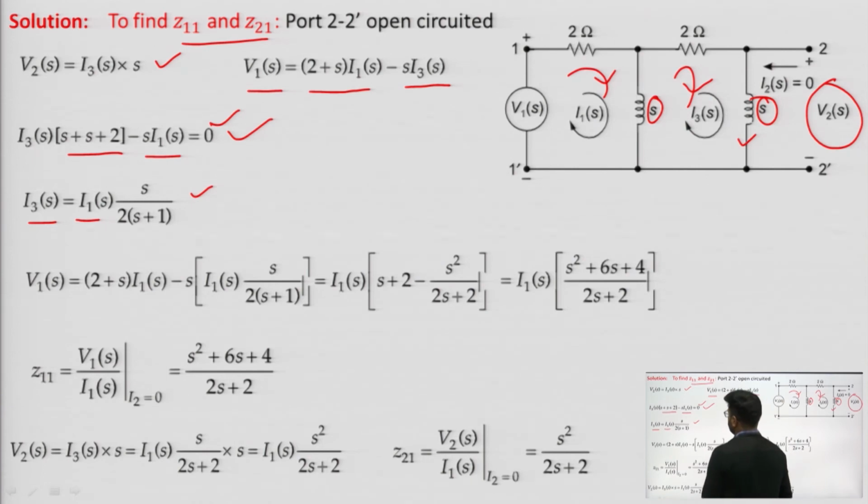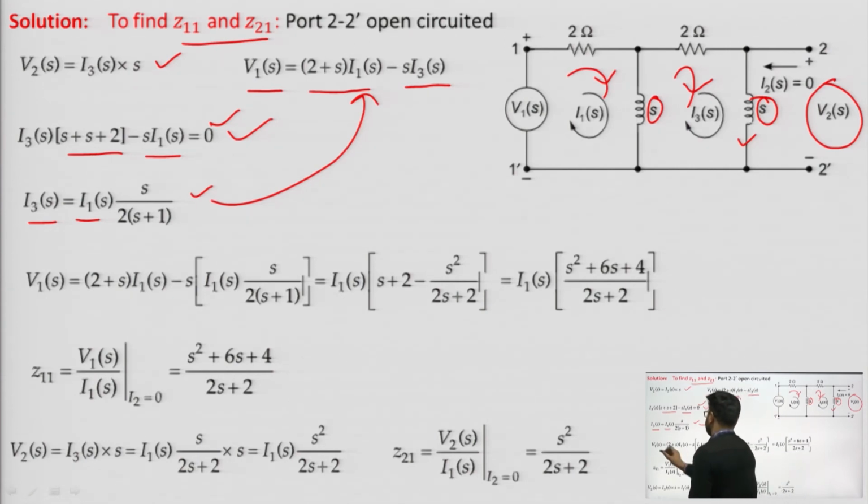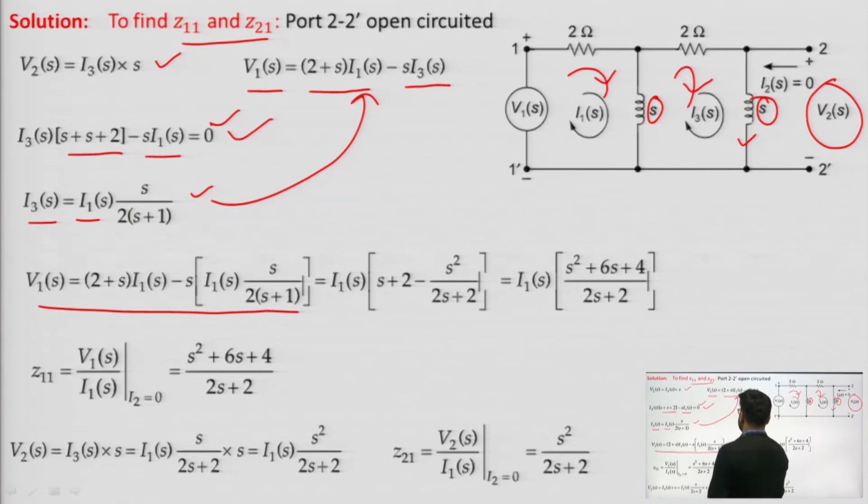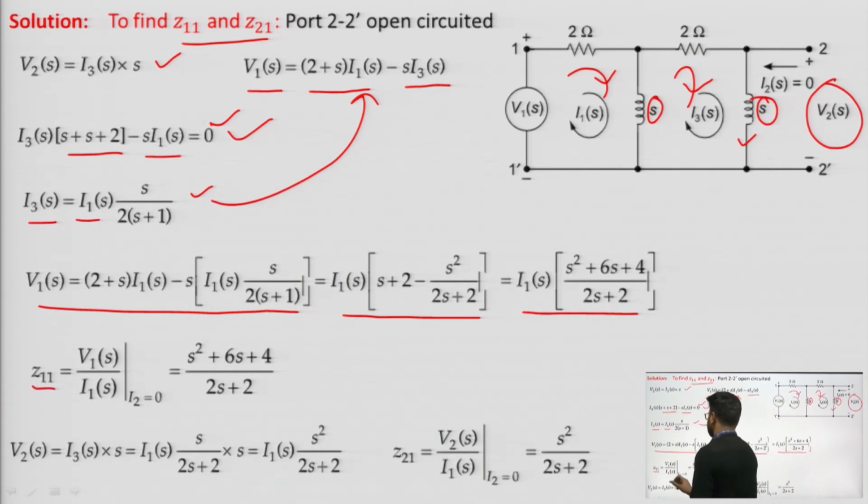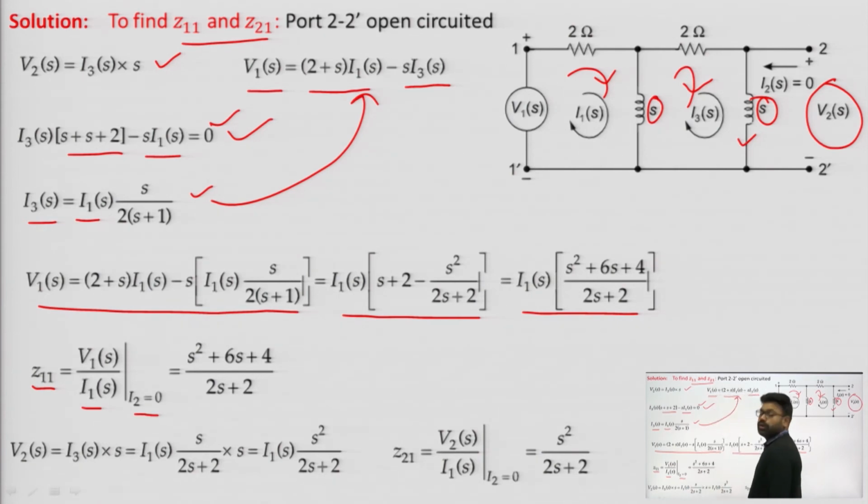Now we will put the value of this I3 in this equation, so that we get the equation in V1 and I1. Z11 will be equal to V1(S) by I1(S), keeping I2 equals to 0. So (S square plus 6S plus 4) divided by (2S plus 2), that we have obtained as Z11.